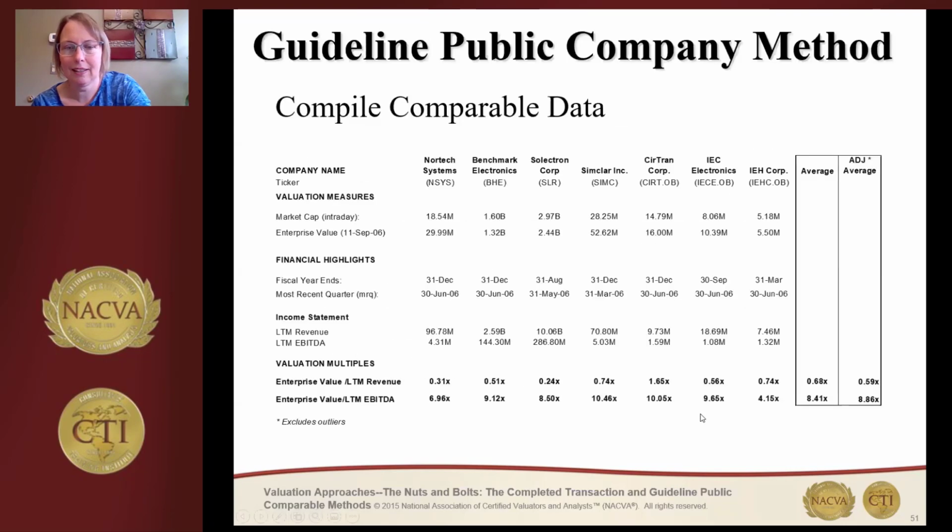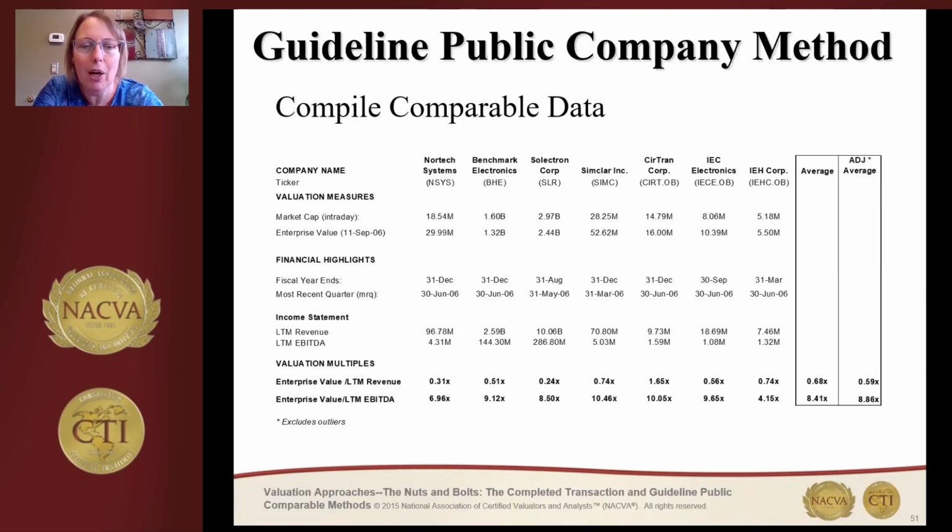It's not telling us, but I believe what has been omitted is the transaction for Sertran, enterprise value over last 12 months of revenue. That 1.65 is significantly higher than any of the other companies.